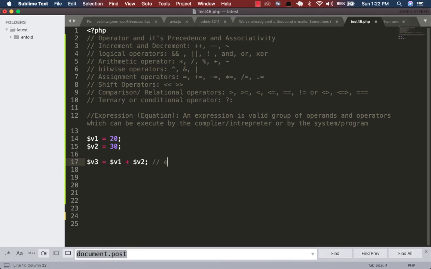Okay, so this one is a valid expression. This is an operand, this one is also an operand, and this one is also an operand. This one is an operator and this one is an operator. This one is simply an arithmetic operator, this one is an assignment operator.